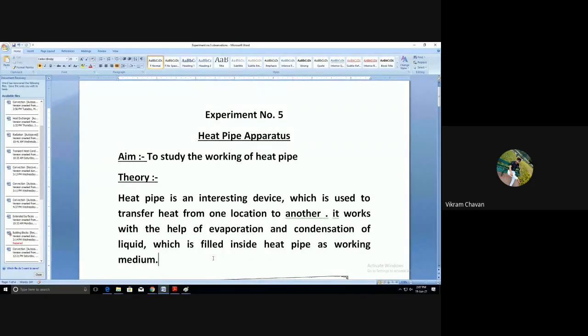That operation is performed by the heat pipe without any external energy source, and there is no moving part required.